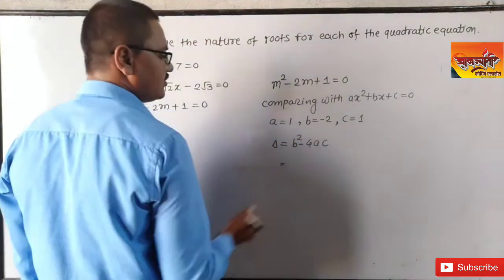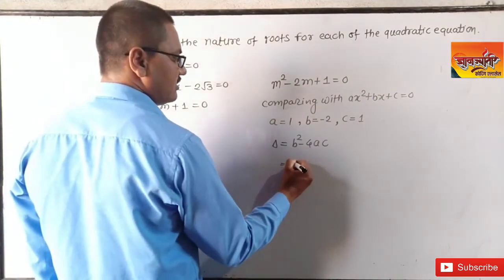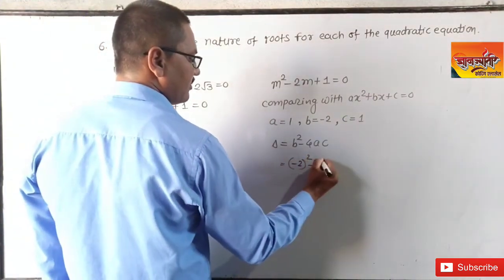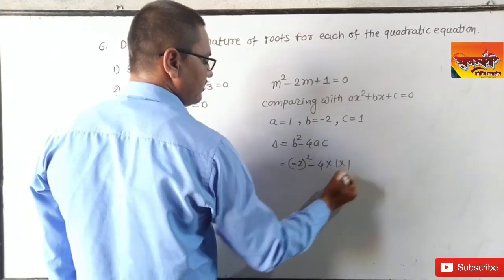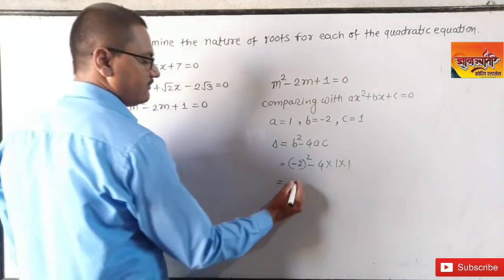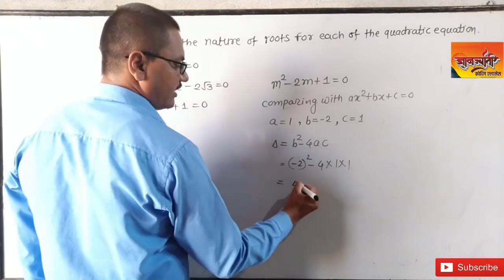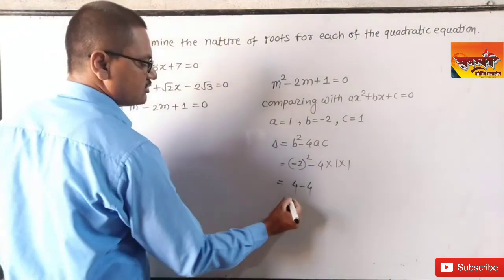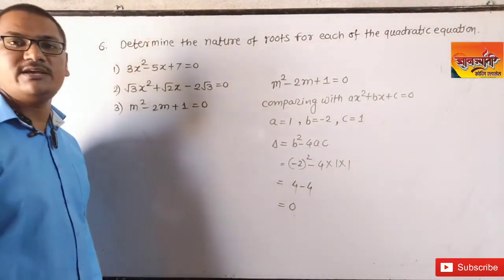Substituting the values, minus 2 square minus 4 into 1 into 1, we get 4 minus 4, which is 0.